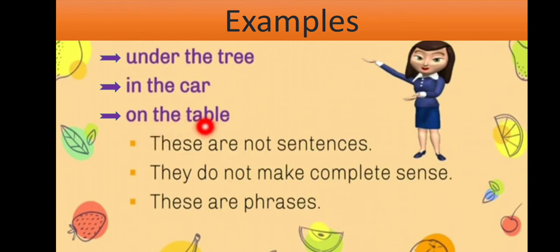It is incomplete. It is not expressing the complete thought. So it is a phrase. Alright? These are not sentences. They do not make complete sense. And these are phrases.